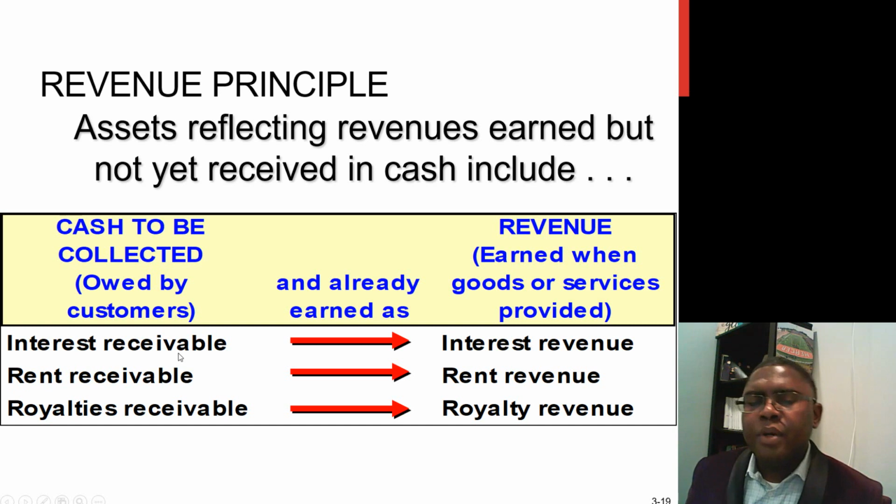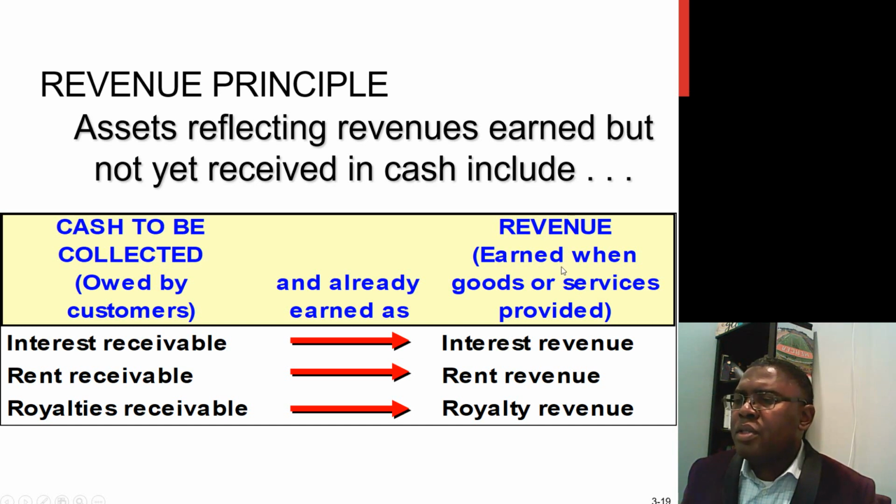So for example, there is interest receivable. The business is expecting an interest payment in the future. There is rent receivable. The company is expecting someone to pay their rent in the future. There is royalties receivable. All of these are assets. So this is cash to be collected.